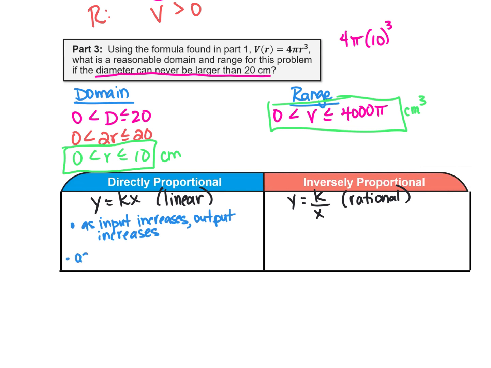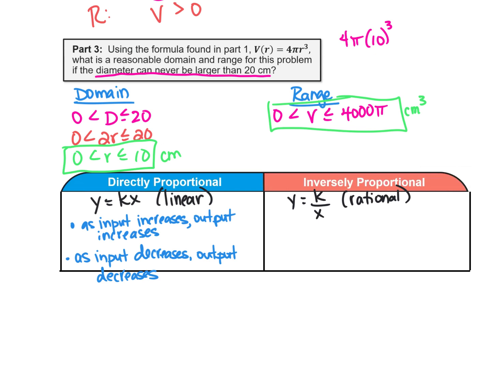Likewise, as my input decreases, my output decreases. Okay, so whatever x does, y does it too. All right, so directly proportional, they do the same thing. If x gets bigger, y gets bigger. If x gets smaller, y gets smaller.